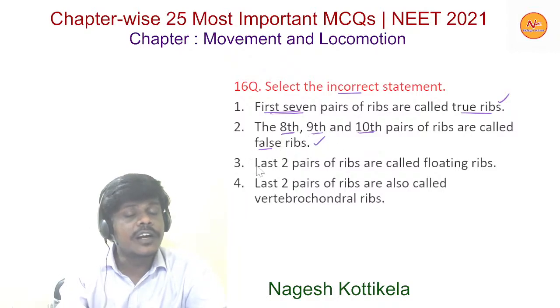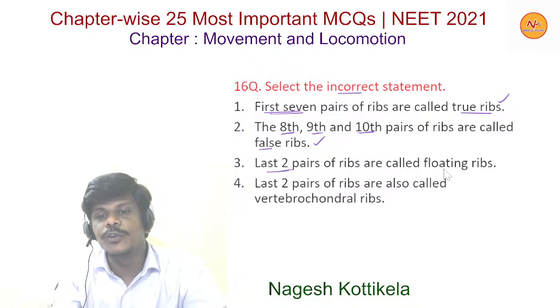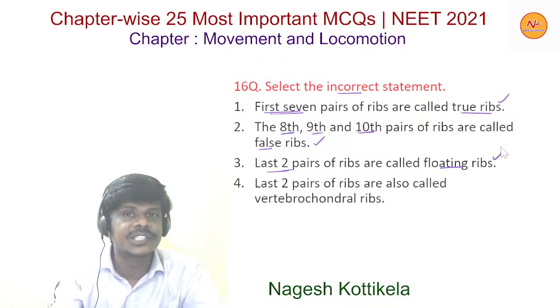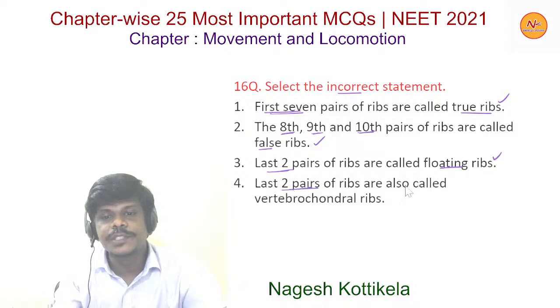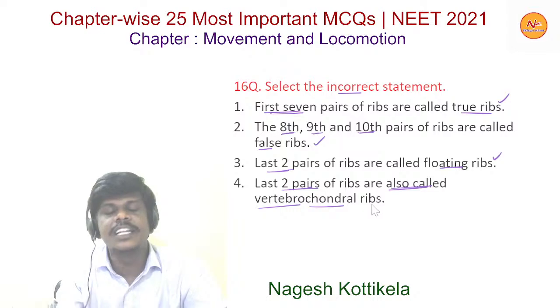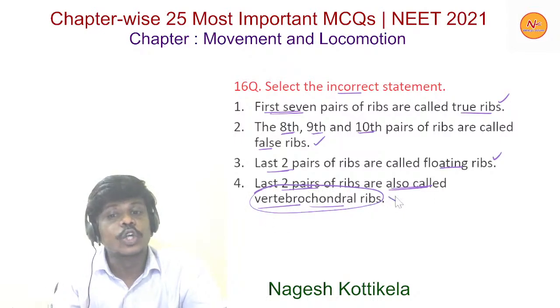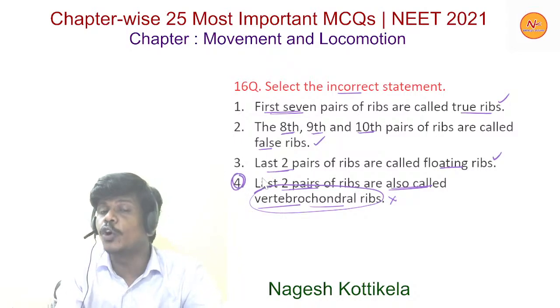Now third option, last 2 pairs of ribs are called floating ribs. This is also correct. Now option 4, last 2 pairs of ribs are also called vertebrochondral ribs. This one is the wrong one. So incorrect statement is the fourth option.